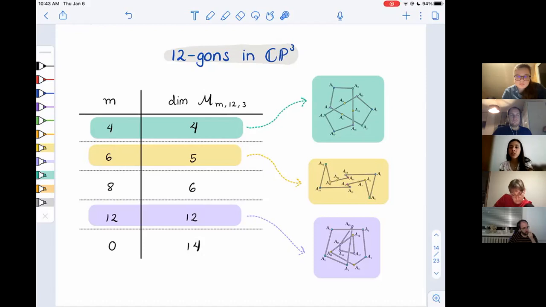There are two things one should notice from this table. One of them is that I don't have the dimension of the moduli space when M is equal to 2 and when M is equal to 10. Those two values are missing here, and the reason for that is because I don't know.